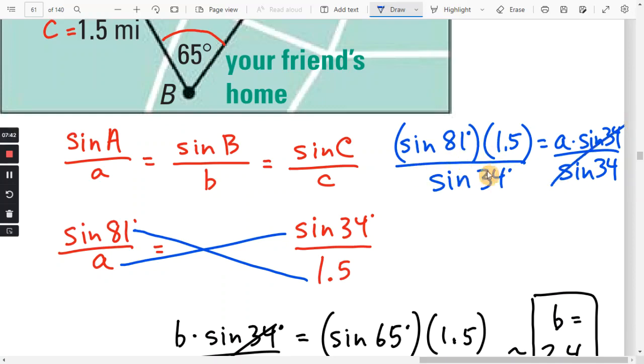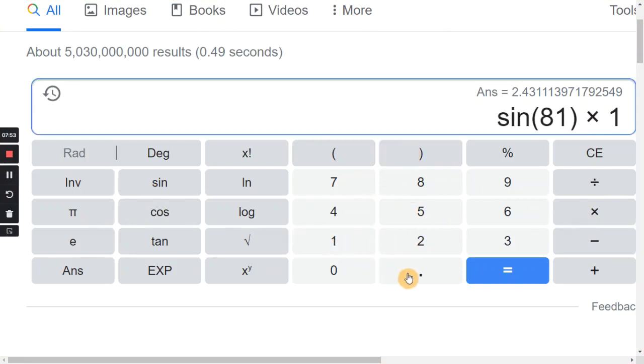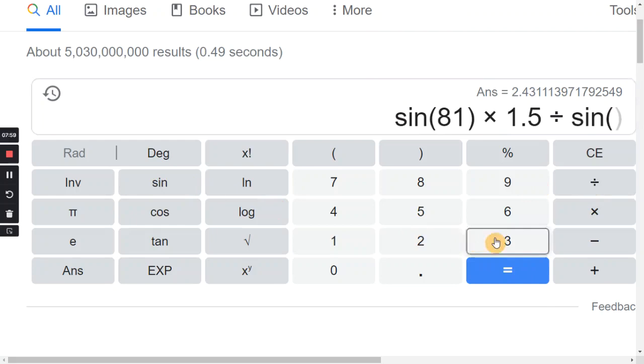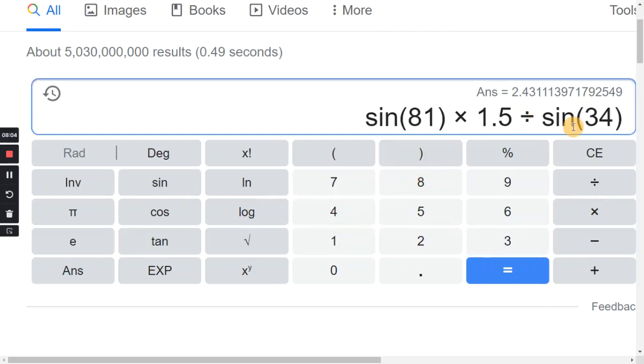We need to do this on the calculator. We have the sine of 81, close parentheses, times 1.5, divided by sine of 34, close parentheses. You can do it all in one step, or you can hit equals after the first two.